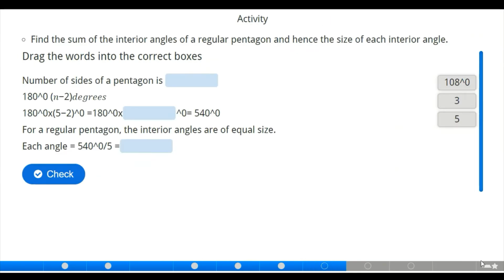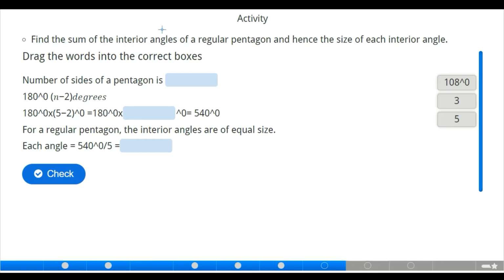We are finding the sum of the interior angles of a regular pentagon and hence the size of each interior angle. So we want to know the angles of a regular pentagon. What makes a pentagon? That implies that we must have 5 equal sides. So the number of sides of a pentagon is 5.